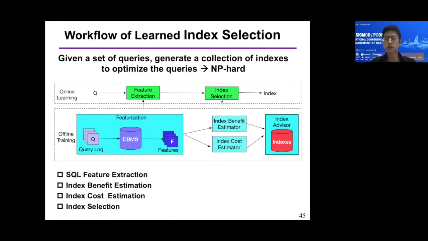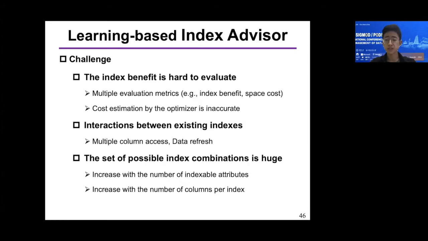So first, let's see the workflow of learned index selection. Given a set of queries, you need to generate a collection of indexes to optimize the execution of the queries. It mainly includes four modules: the query feature extraction, index benefit estimation, index cost estimation, and index selection. And we can see there are many challenges in index selection for each module.